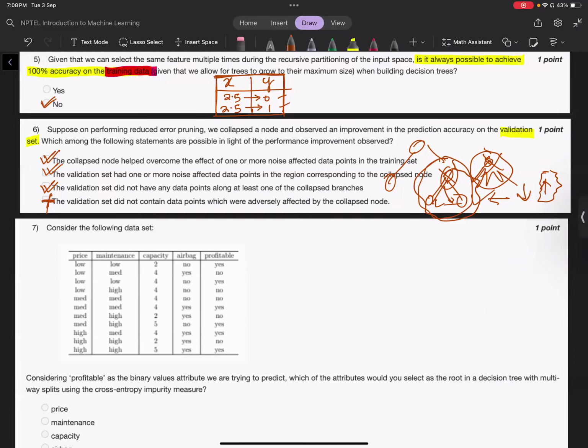That is two options, so options A and B. Option C is that let's say the validation set doesn't have any point in this region, so we're not making any decision in this region. Hence, by removing this, it is not actually affecting the performance, or at least not decreasing the performance. Hence, option C is true, and option D is false because it is the opposite of what option C is telling us. Right. I'll move on to the next question.